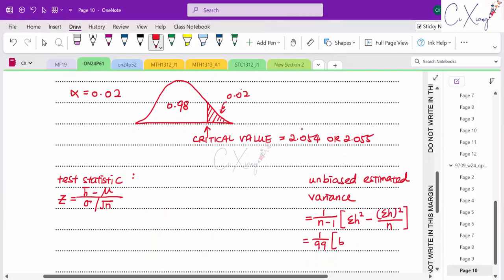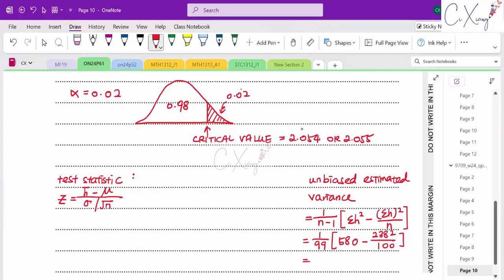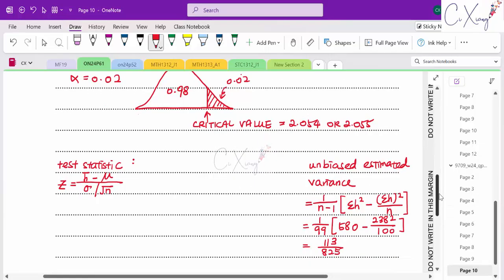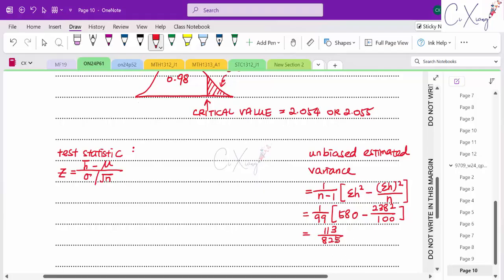So I will have 580 minus the summation of h, which is 238, squared, divided by 100. So the estimated variance should be 113 over 825. This is basically the unbiased estimated variance for the population.